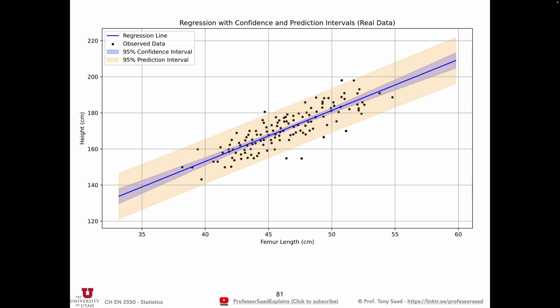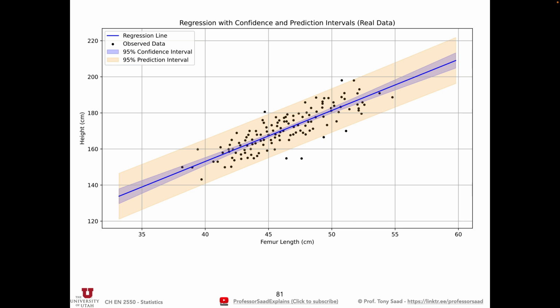Next, when I plotted this line, I put in 300 values, to make it pretty so you can plot the line nicely. For each value, I computed a confidence interval and a prediction interval.